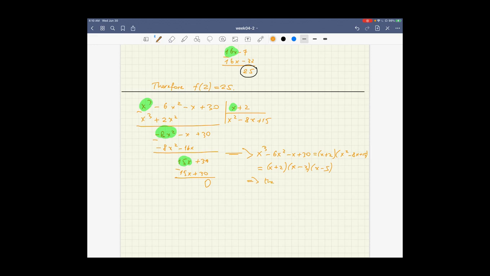Therefore, the zeros of the polynomial x cubed minus 6x squared minus x plus 30 are negative 2, 3, and 5.